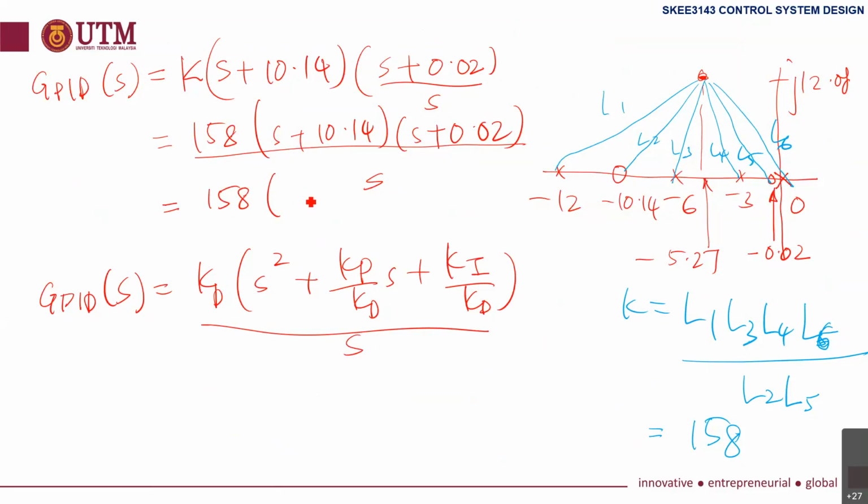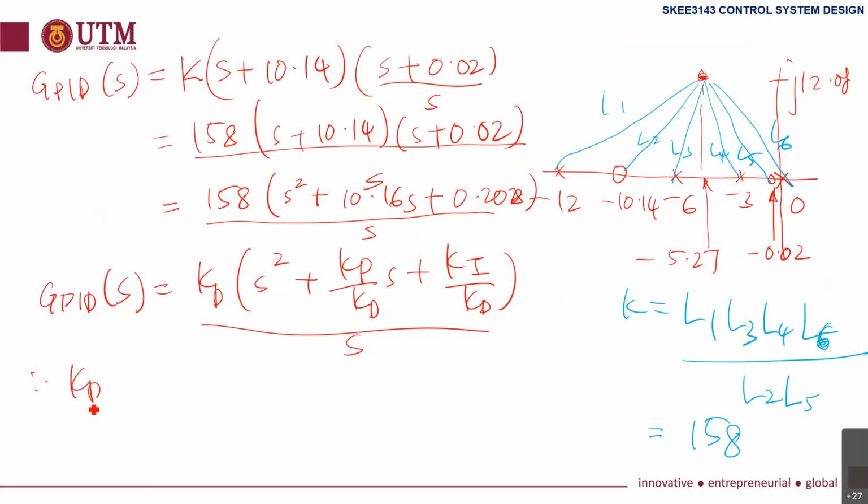If we open the bracket, we get S squared plus 10.16 S plus, if you calculate, 0.2028 over S. Then we can equate.